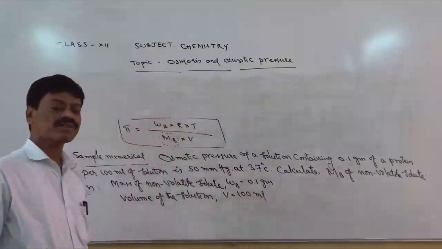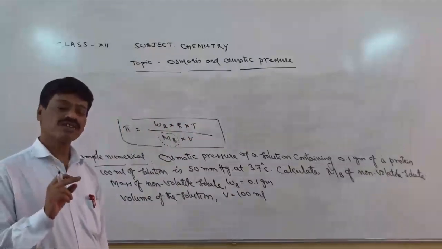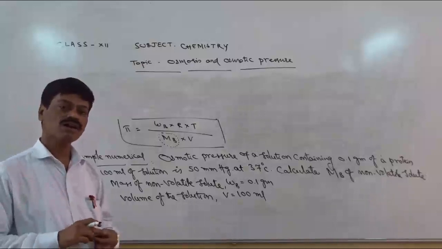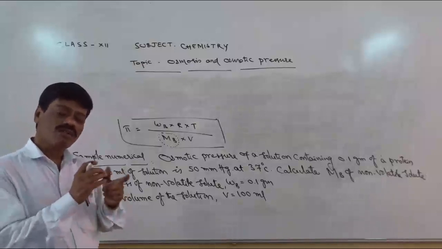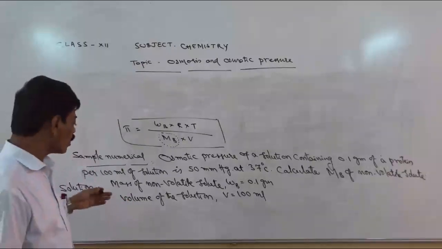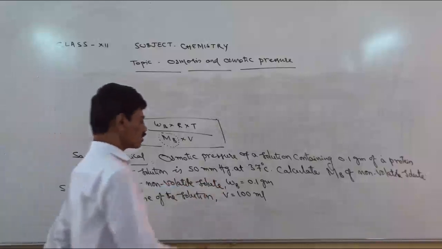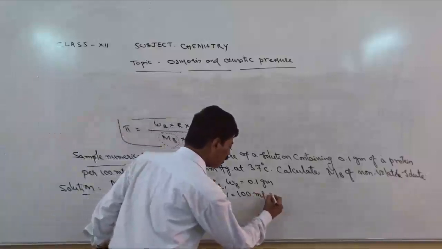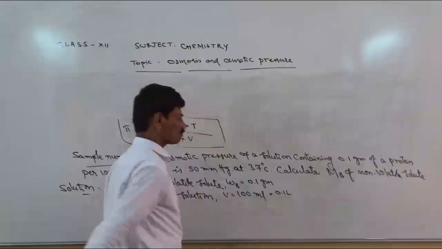In the case of the unit of R, we had seen liter atmosphere per Kelvin mole or liter bar per Kelvin mole. In both the values of R, we have volume in terms of liters. But here volume is given as 100 ml. So this should be converted into liters. So 100 ml is equal to 0.1 liter.